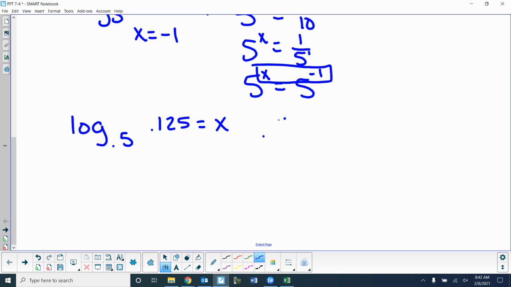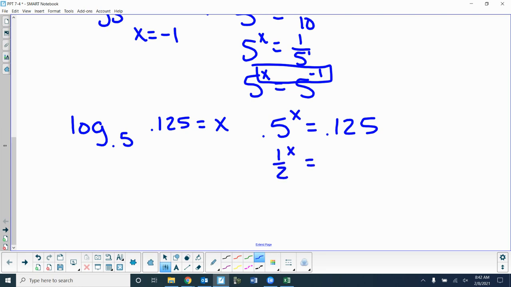All right, so you're going 0.5 to what power equals 0.125. Okay? I like to do fractions, so that's 1/2 to what power?